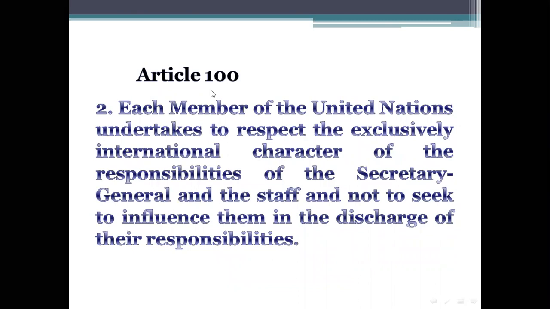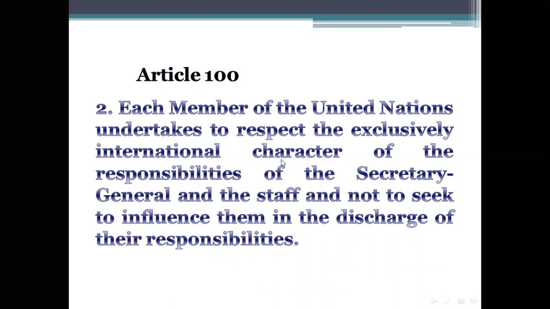Article 100, paragraph 2, says each member of the United Nations undertakes to respect the exclusively international character of the responsibilities of the Secretary General and the staff and not to seek to influence them in the discharge of their responsibilities.